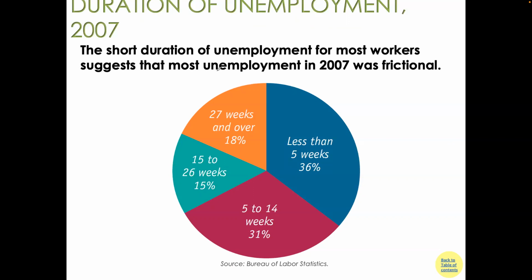Because what's frictional? It just takes time for you to sort out, to find out. So if you look at 2007, 36% less than 5 weeks, 31% 5 to 15 weeks. And these two are probably largely classified as frictional. It just takes time for you to find a job.